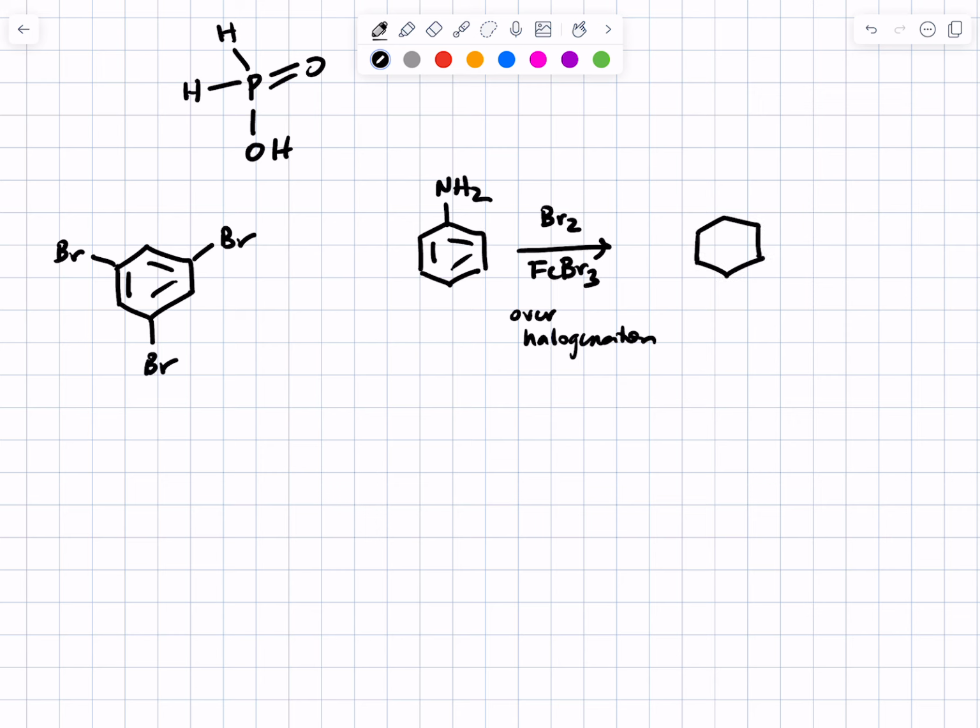That is, the reaction doesn't stop with just one halide at the ortho or para positions, but you end up modifying all the ortho and para positions.